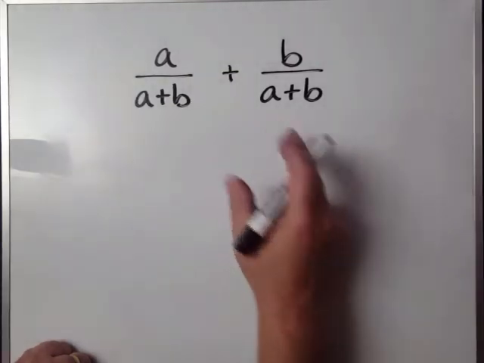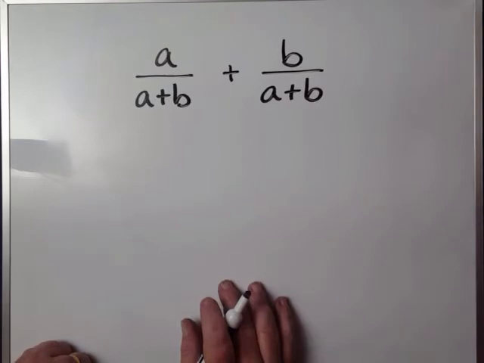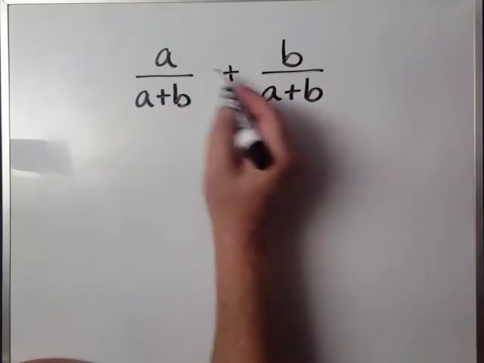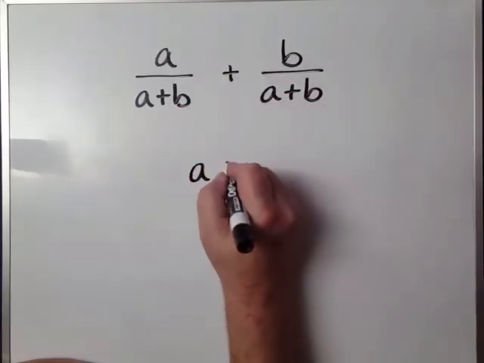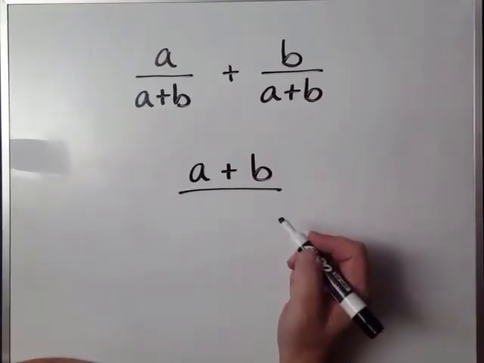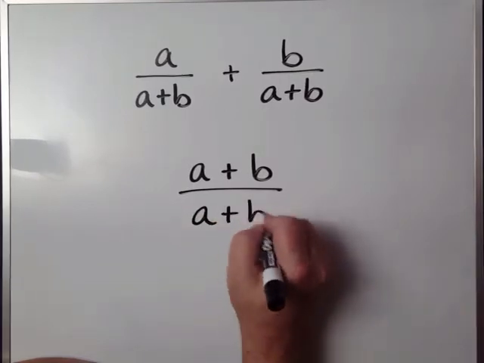And I check and I see I already have a common denominator. So I'm ready to add these fractions, these rational expressions. I do that by adding the tops, a plus b. Well, those are unlike terms, so it's just a plus b. And write that result over this common denominator, which is a plus b.